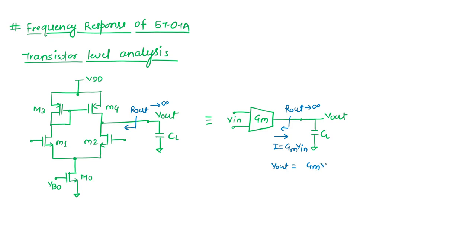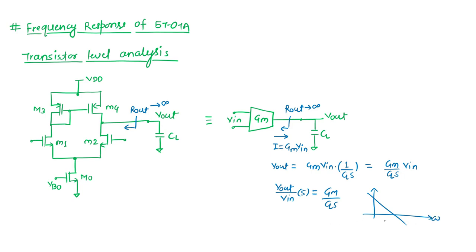So in the frequency domain, this current multiplied by the impedance of the capacitor, which is nothing but Gm by CL S V. So what was the transfer function coming here? So ideally, it is a proper integrator, which is our expected target.